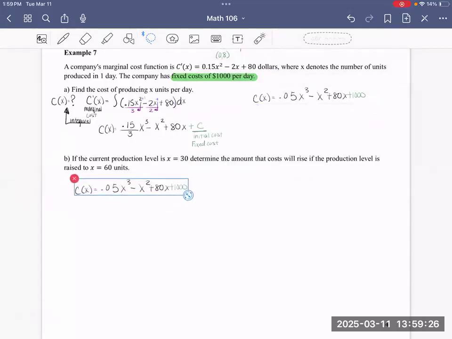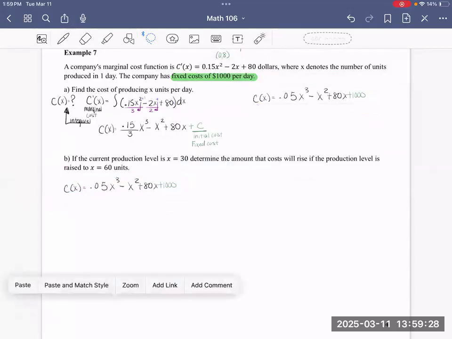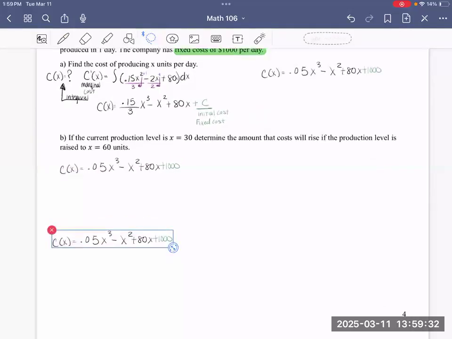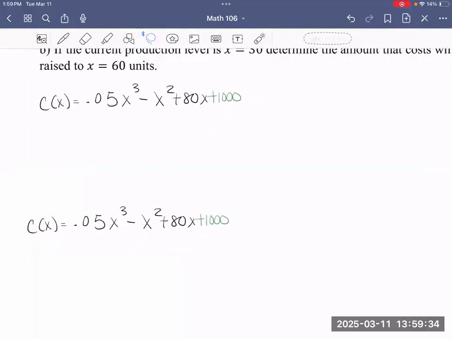So I'm going to paste here. And one more time, I'm going to paste right here. So 30 and 60. I'm going to just rewrite that one. Let me move these over, add some things.